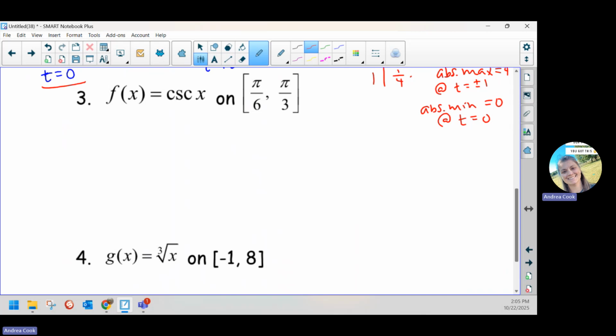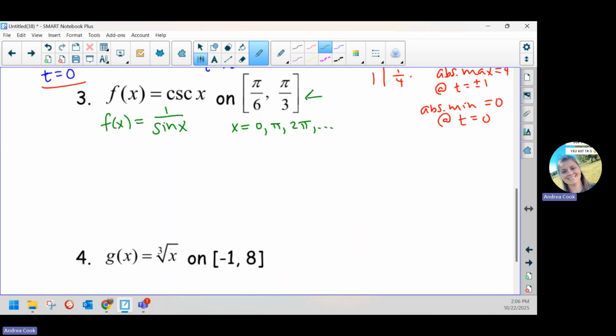Okay, example 3. We have cosecant. So remember, if I rewrite cosecant, that's really 1 over sine. So where is sine equal to 0 is when x is 0, pi, 2 pi, and so on.